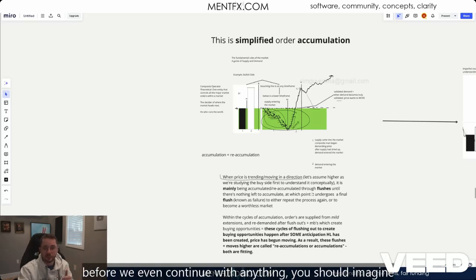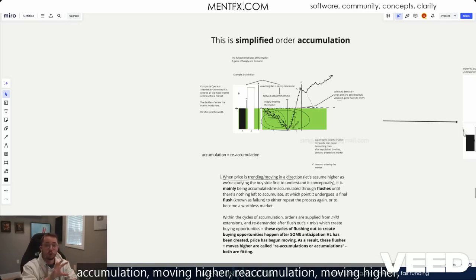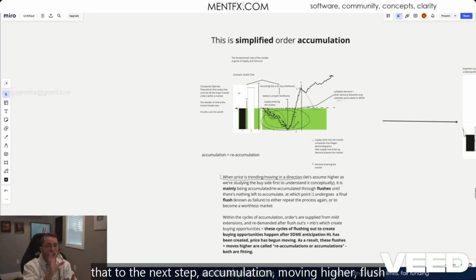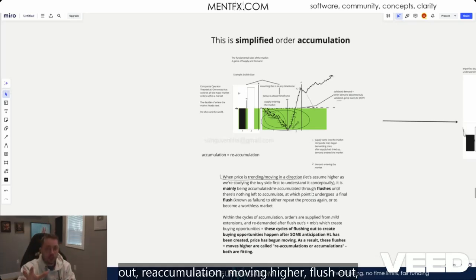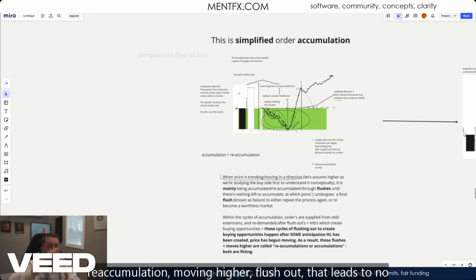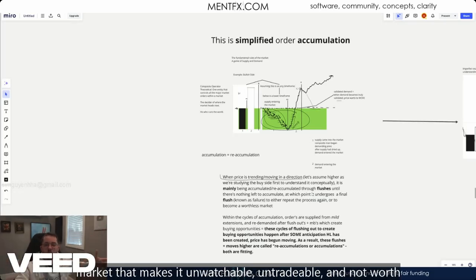By reading this, before we even continue, you should imagine that a market that is trending or is good is going through accumulation, moving higher, reaccumulation, moving higher, reaccumulation, moving higher. Also known as accumulation, moving higher, flush out, reaccumulation, moving higher, flush out, reaccumulation, moving higher, flush out that leads to no more accumulation and an overall change in the underlying market that makes it unwatchable, untradeable, and not worth our time or risk.